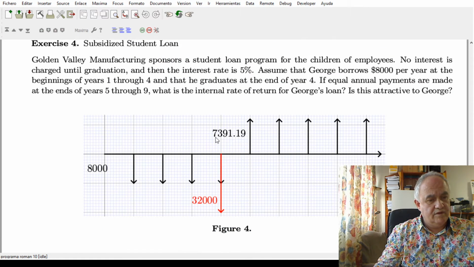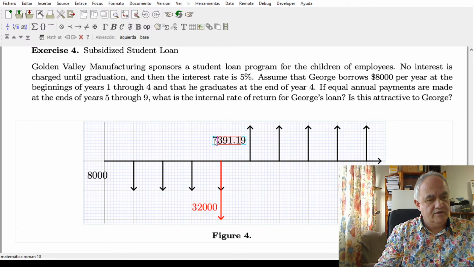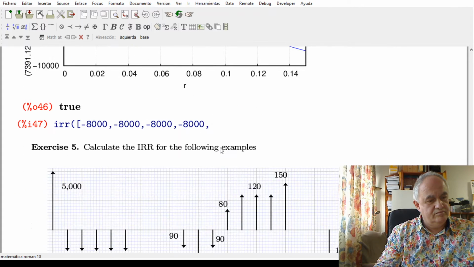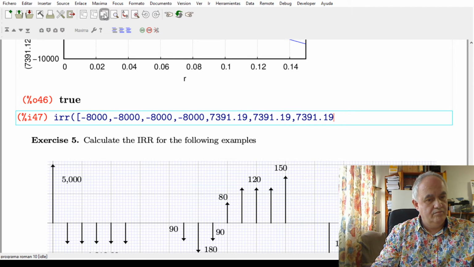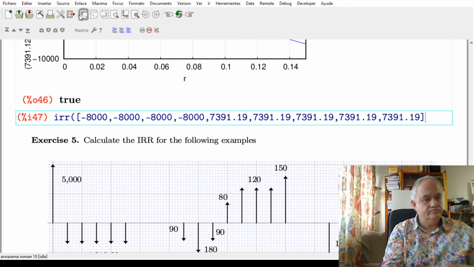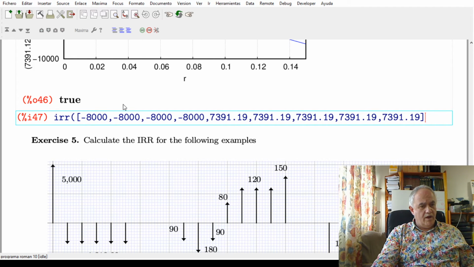Then I will copy the value to be sure I don't make a mistake. Five payments. Okay, so this is the list. 1, 2, 3, 4 grants received, and 1, 2, 3, 4, 5 payments we do.